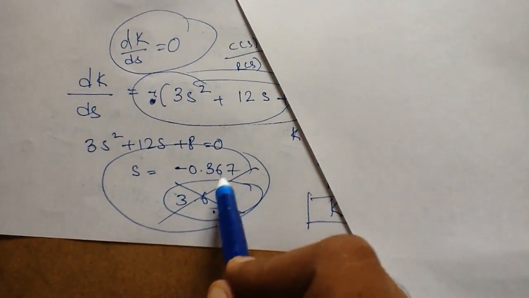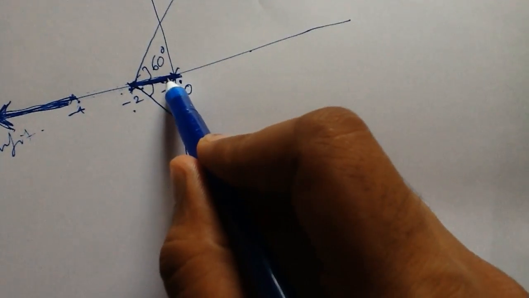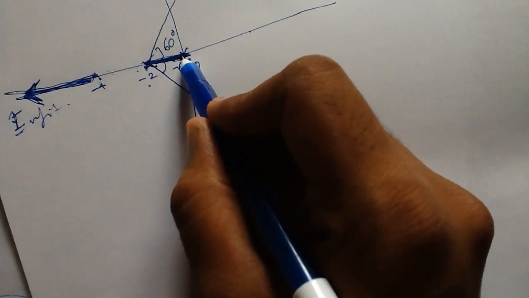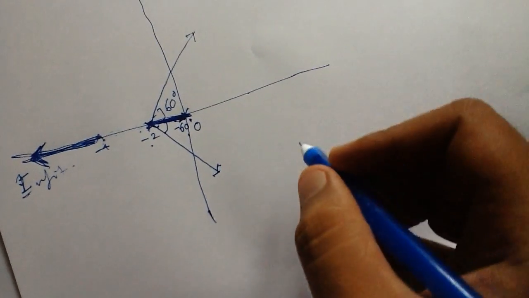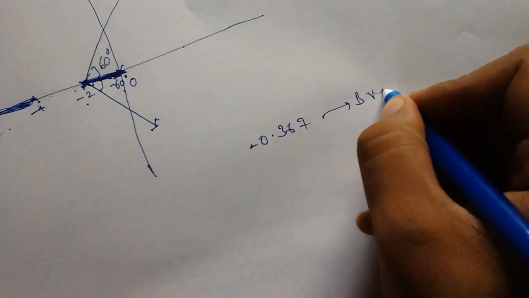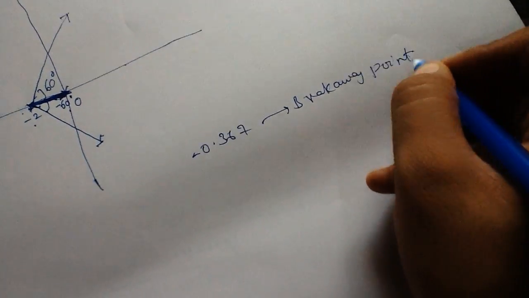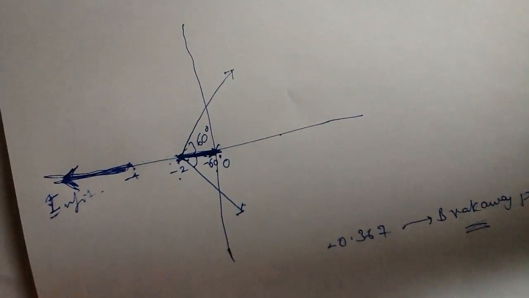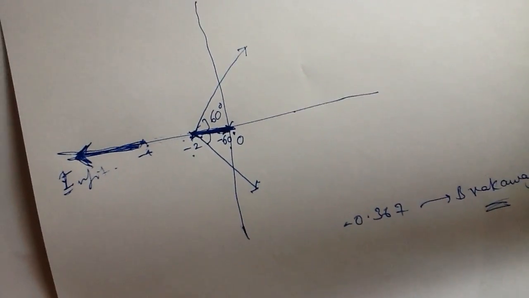whereas minus 0.367, which lies somewhere in here, is a part of the root locus. So minus 0.367 is your breakaway point. There is another way of testing if the given root of dk by ds is your actual breakaway point or not.